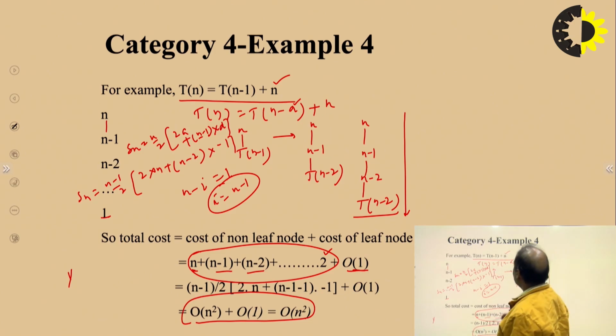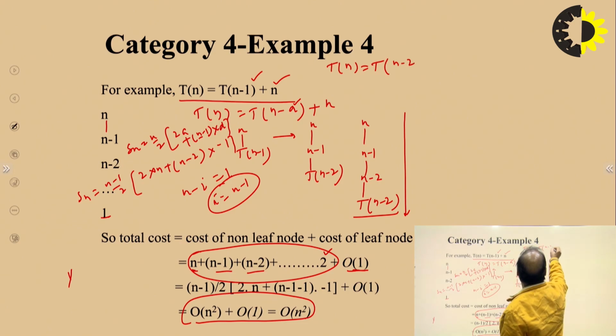This is a very important method for solving recurrences. You can generalize this to any other case. For example, T(n) = T(n-2) + n.